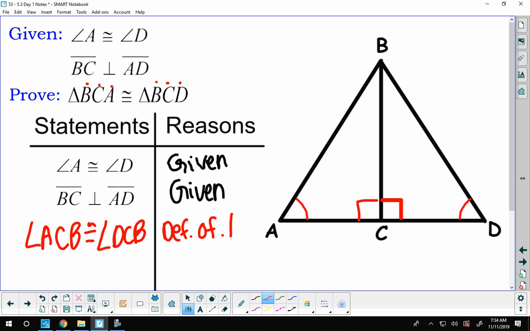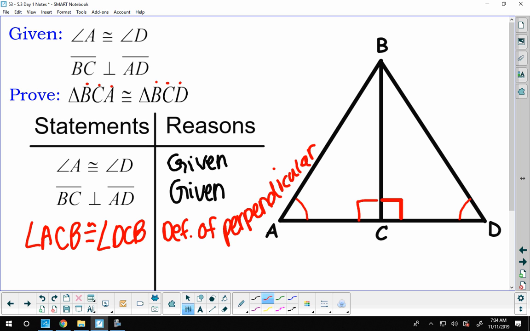And if you want, you can abbreviate perpendicular with the perpendicular symbol, or you can just write the word perpendicular.